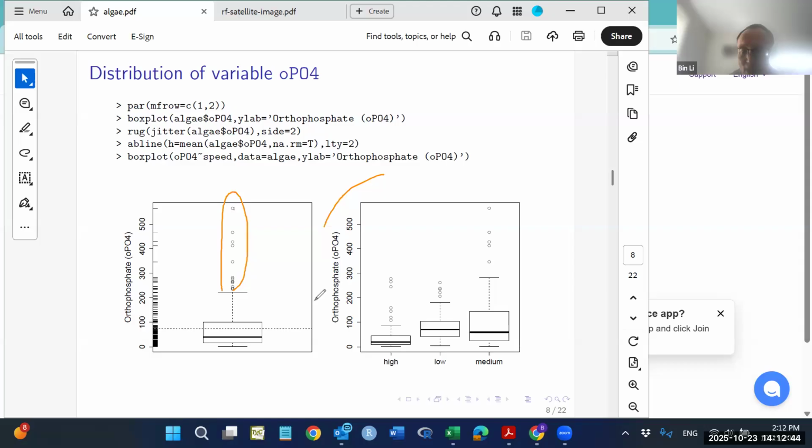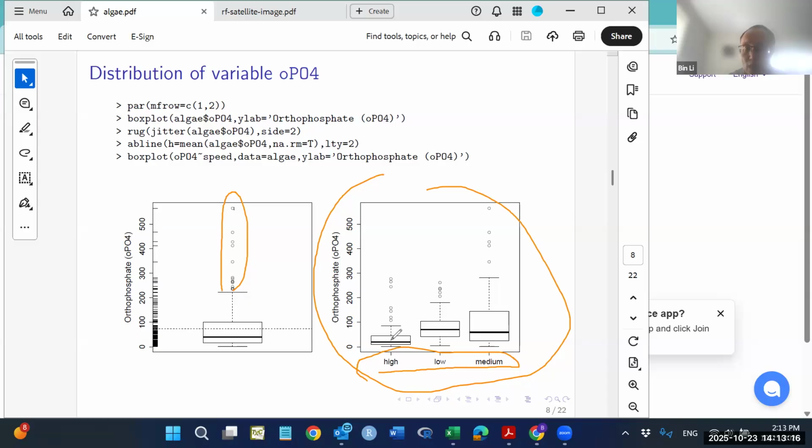And this is a side-by-side plot that shows the relationship between the size of the rivers and the concentration of OPO4. No, this is not the size of the river. This is the speed of the water flow in the rivers: high speed, low speed, or medium speed.